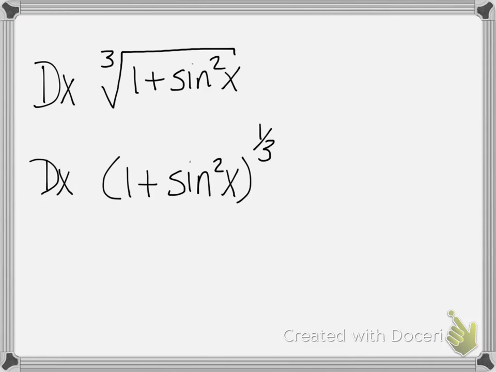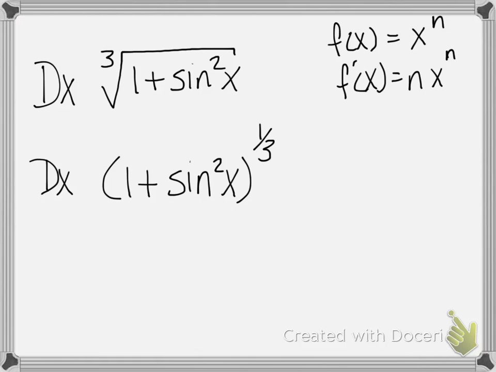And remember that the power rule is, you'll bring down the power. Say f of x is equal to x to the n, then your f prime of x is going to be equal to n times x to the n minus 1.